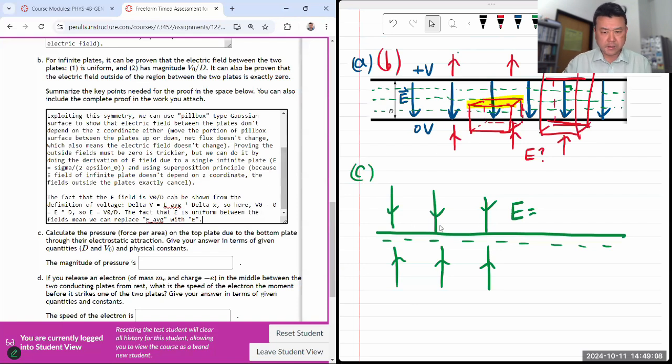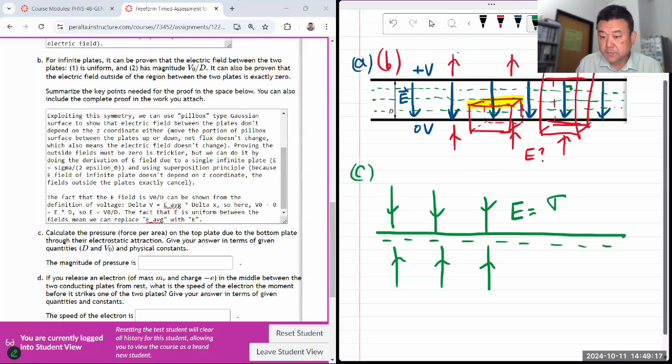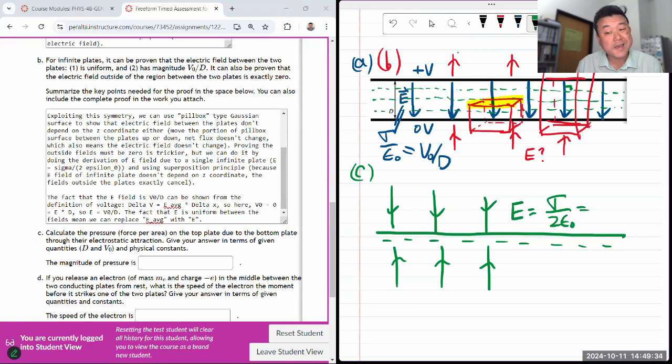Yeah, and I'll be making use of that fact while I'm doing part C. So here E would be sigma over 2 epsilon naught. And comparing that to the electric field that should be here, which is sigma over epsilon naught, which is equal to V naught over D, I can re-express this in terms of quantities I have, which is half of that electric field, V naught over 2D.